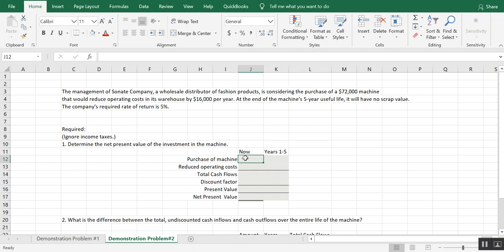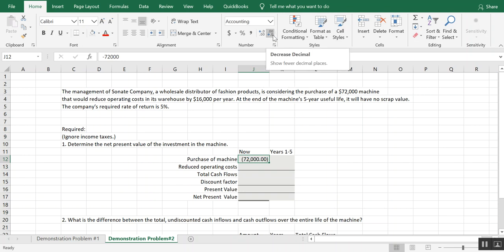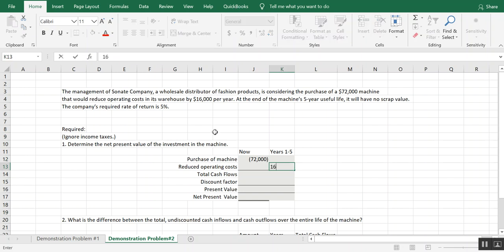The cash outflow we're going to have is negative $72,000. That's what we're putting out for this machine. And I like to do this formatting like this. So we have a negative $72,000 that we're putting into the machine. We'll have reduced operating costs each year of $16,000, and that's a cash inflow.